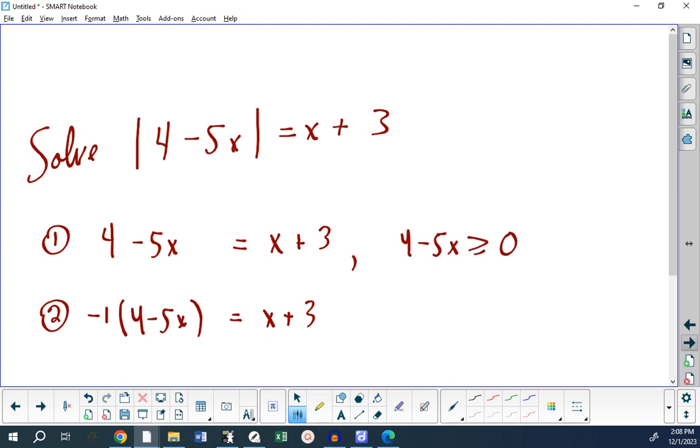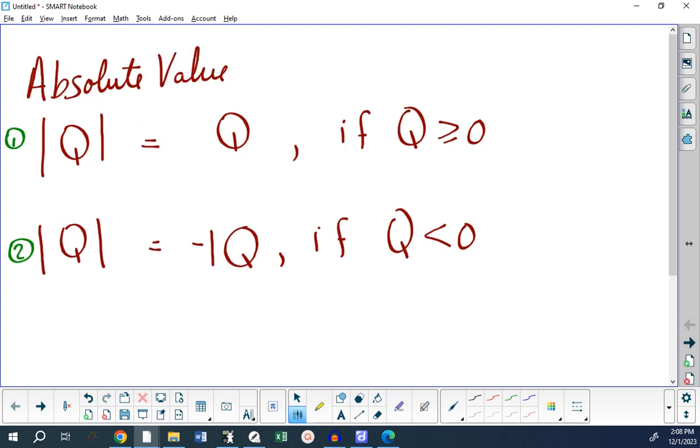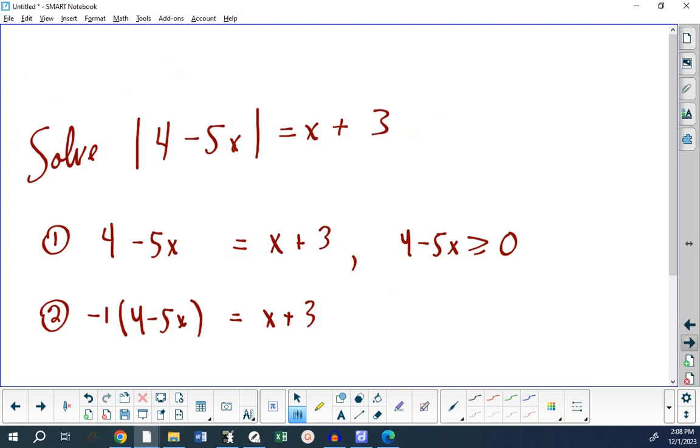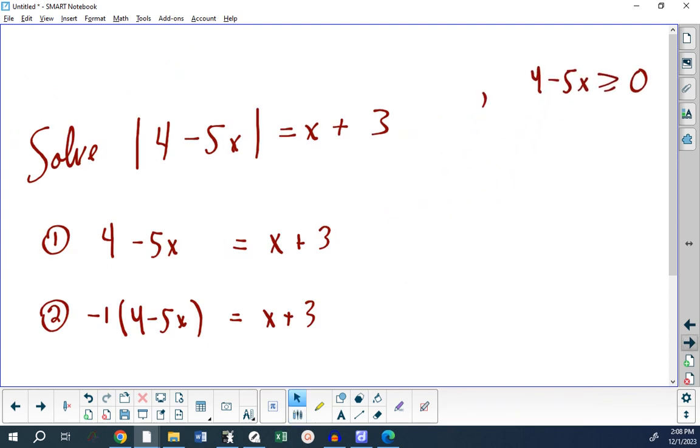You have to write the subdomain there in terms of x, which means you have to rearrange this for x and get x is greater than or equal to, or x is less than or equal to. So you have to solve this inequality. This inequality doesn't go there. This inequality is used to find out what goes there.